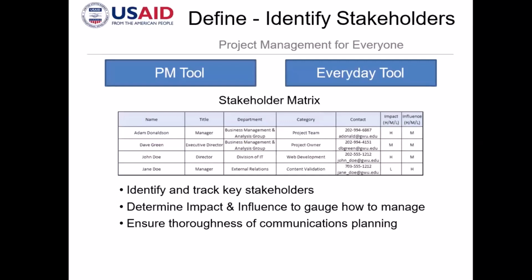So I clearly define or put in a table who all of the major stakeholders are. And of course, what are their titles, which department or organization they belong to, and I normally categorize them. For example, if they are a member of a project team, or they are the owner, or they are a vendor, I clearly define all of my stakeholders.